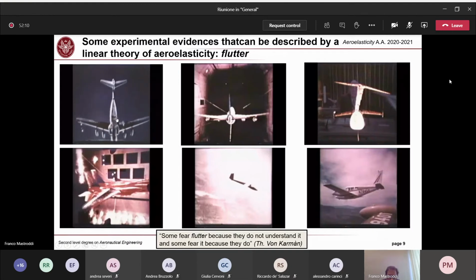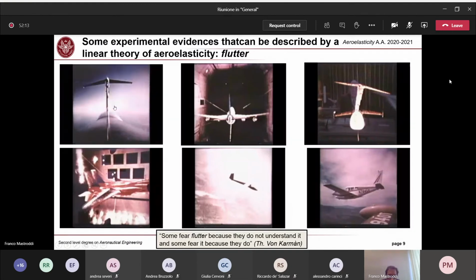But all the points of the aircraft are not reaching the maximum, the zero value or the minimum value of the vibration at the same time. You can see clearly a phase shift between one point and another point, and this is the role of the fact that the eigenvector is a complex eigenvector with a phase for each component.